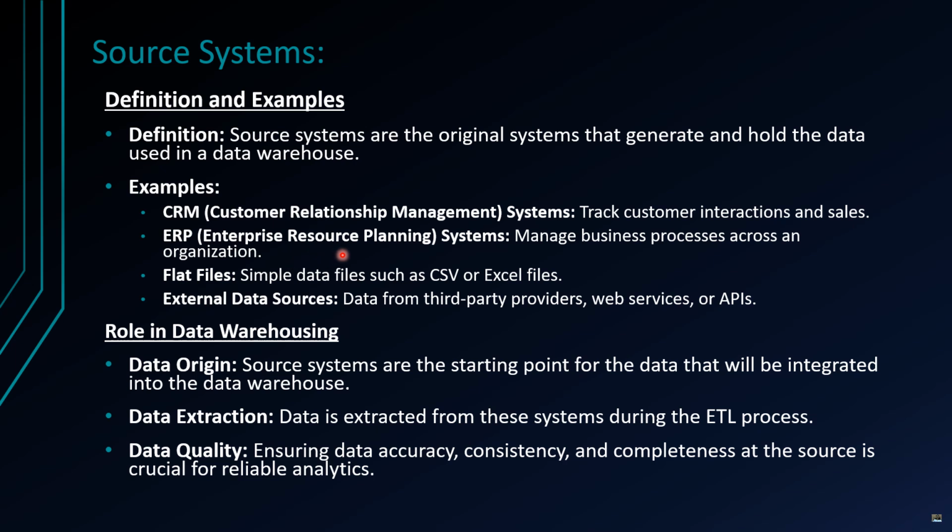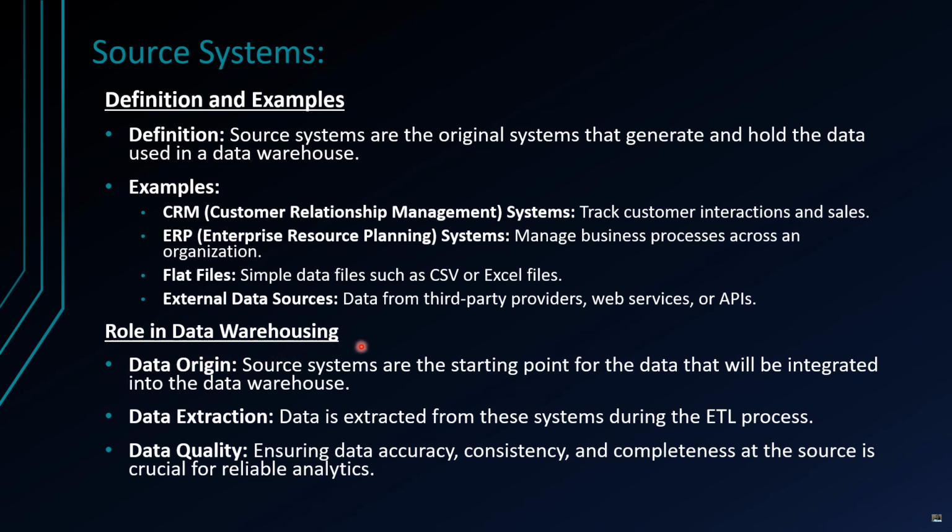Enterprise resource planning manages business processes across an organization. Flat files are simple data files such as CSV and Excel files. External data sources are data from third-party providers, web services and APIs.